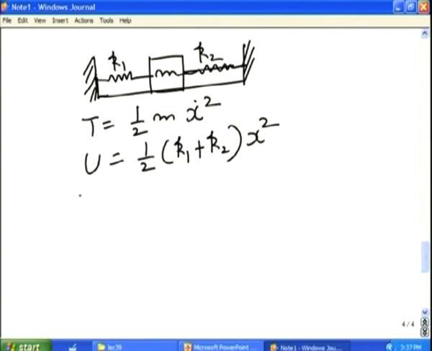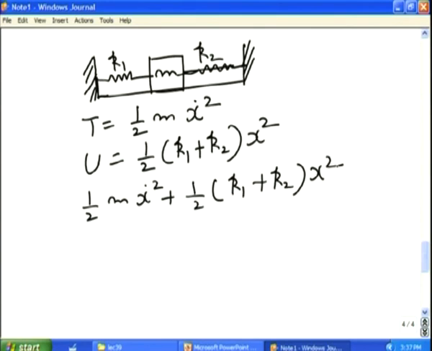Therefore half m x dot square plus half k1 plus k2 x square is equal to T plus U, that is constant.